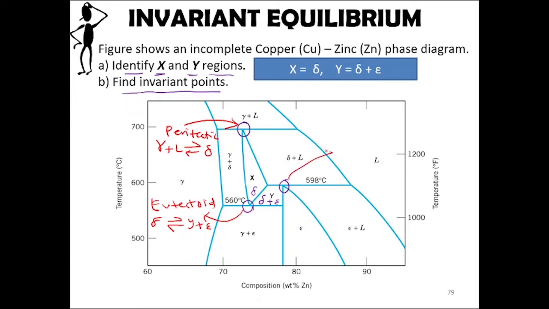At this point, once again we find a peritectic, where delta solid phase plus liquid change into epsilon solid phase, and epsilon can also change into delta plus liquid phase.